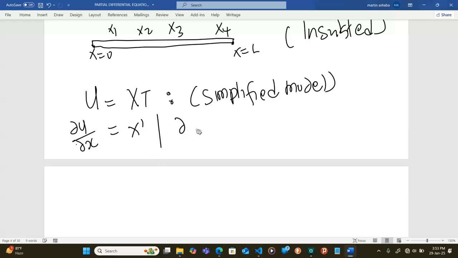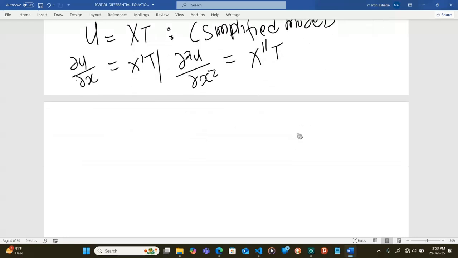If I go ahead and take del squared u over del x squared, in partial differentiation we vary only that variable and keep the other variable constant. So this is going to be X prime times T, and then X double prime times T. So that is one.